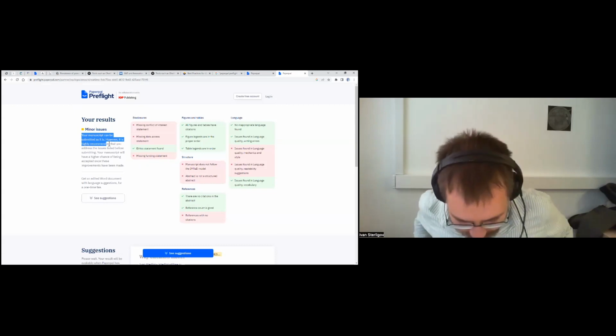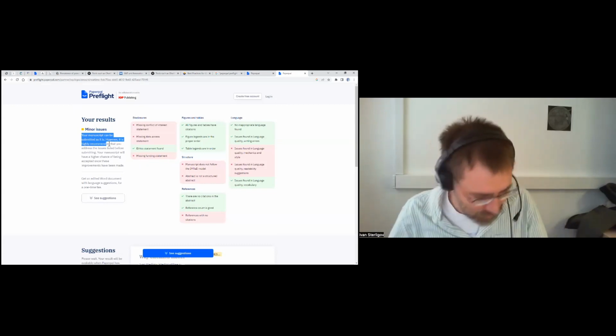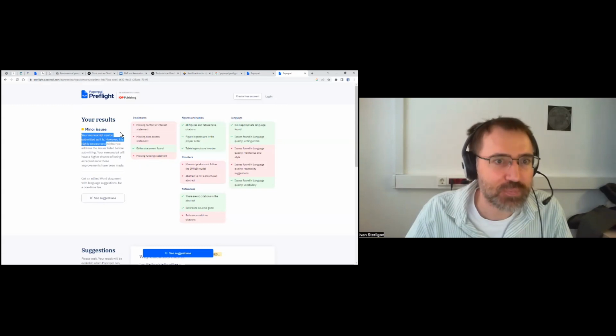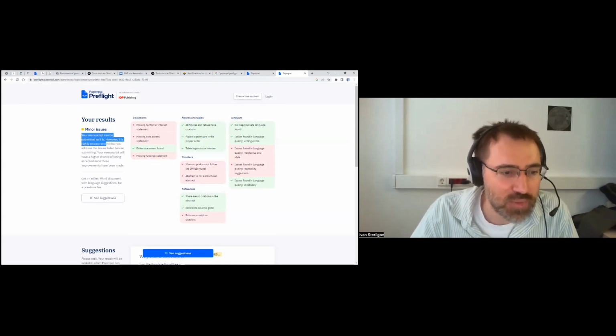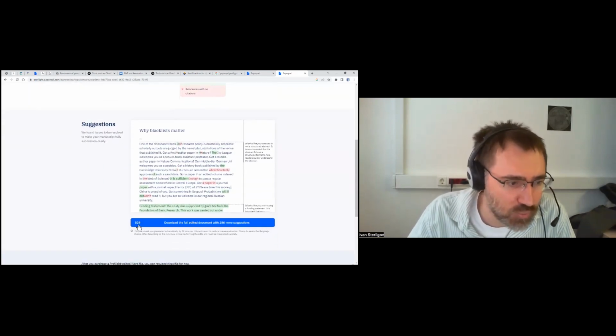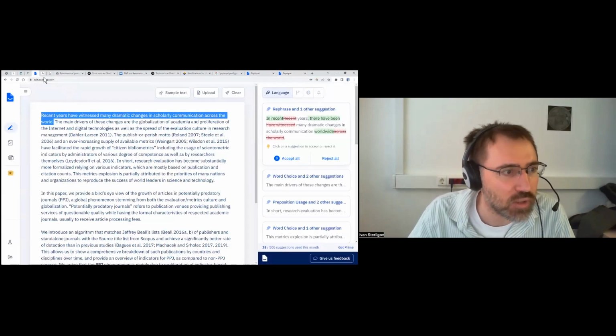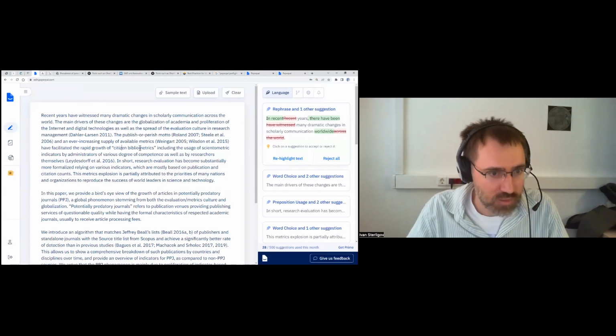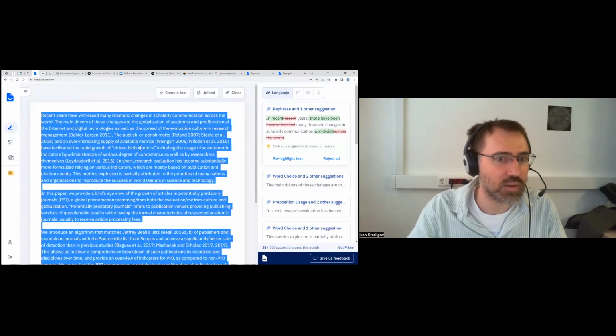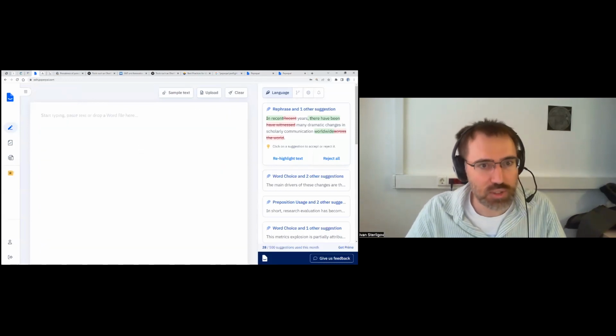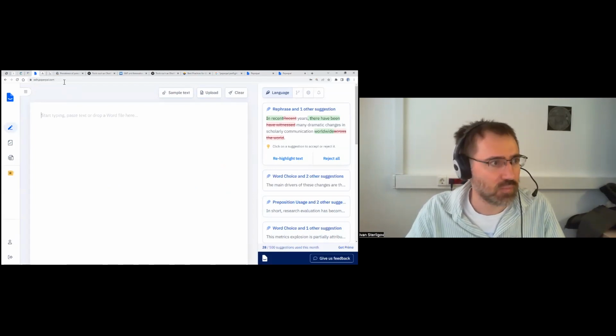Just to highlight that this tool is becoming more and more popular. And what about these suggestions? Do we have to pay $29? No, we don't have to. Here's how it works. I'll start from scratch.